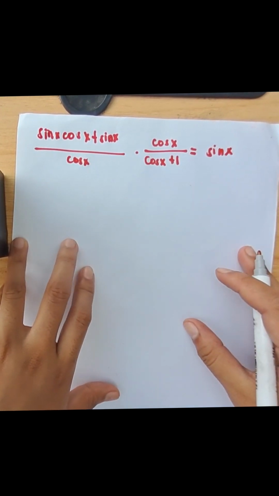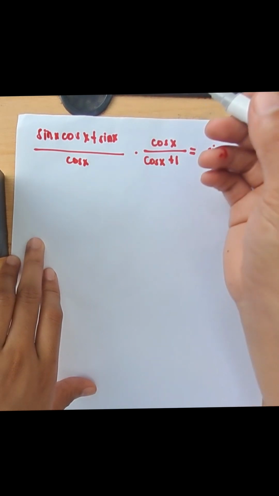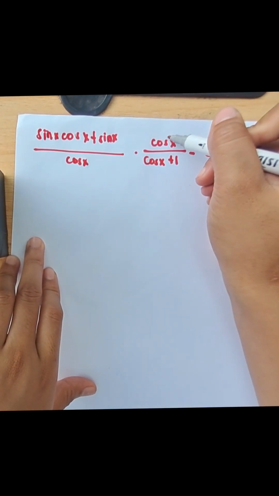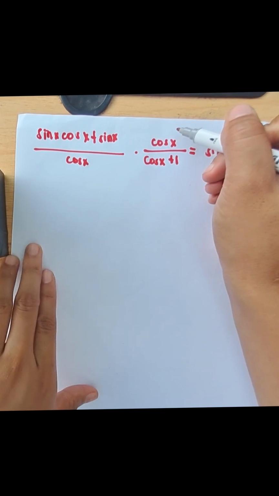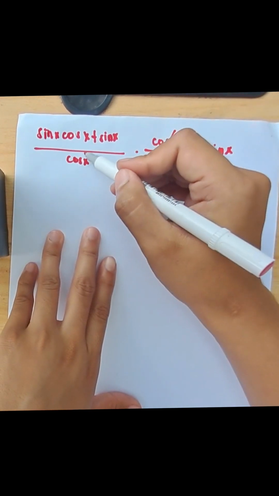So now we have here a same value. So we need to cancel out the cosine x both.